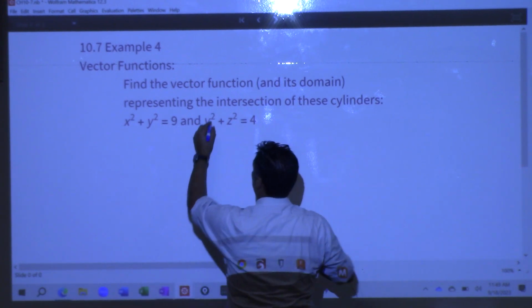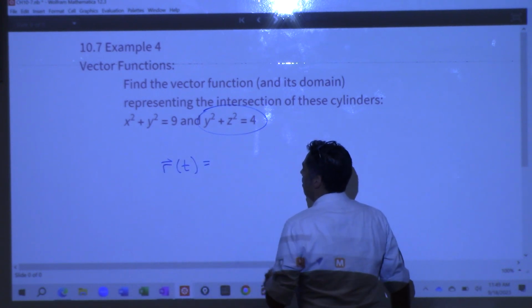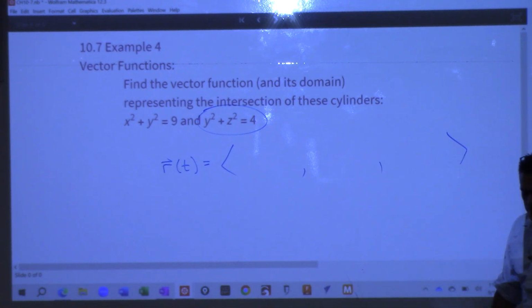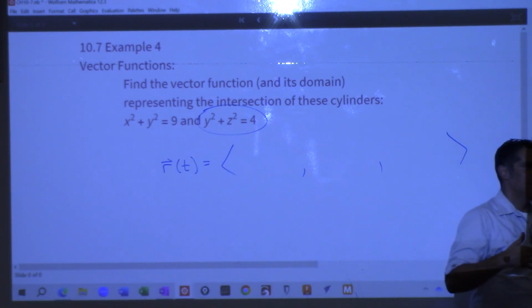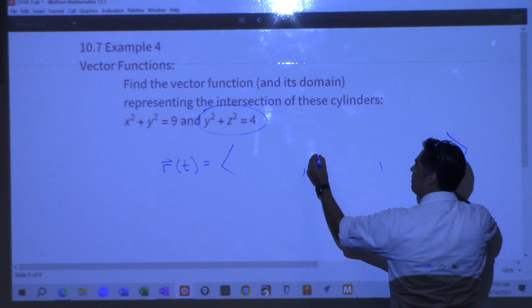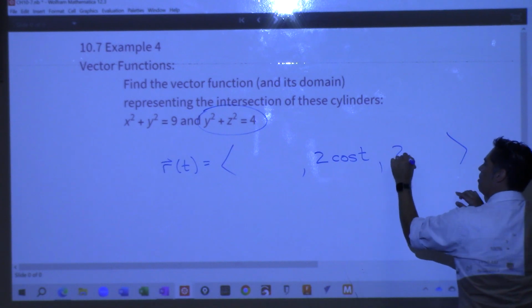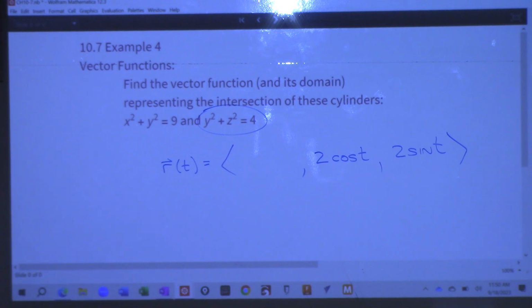So if I try to make a vector function that would put me on that one, that is a circle of radius 2 in the yz plane, and the x is the one that goes up and down the x-axis. So it's in the yz that I would need 2 cosine t, 2 sine t. That will draw me circles in the yz plane. Here's y, here's z. It's drawing me circles this way.